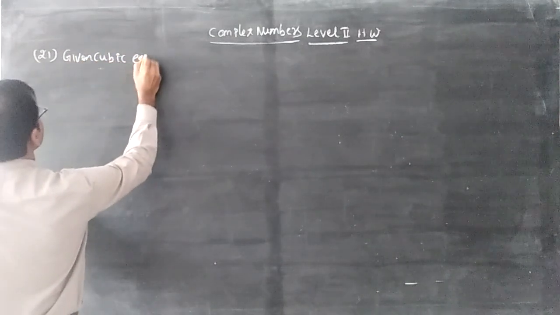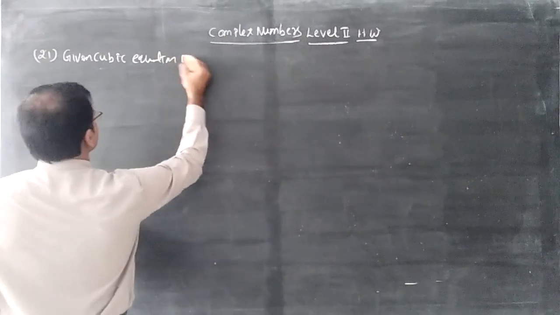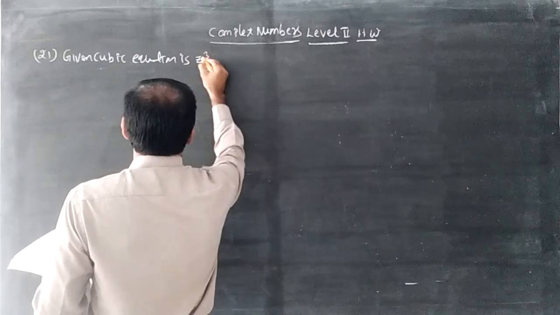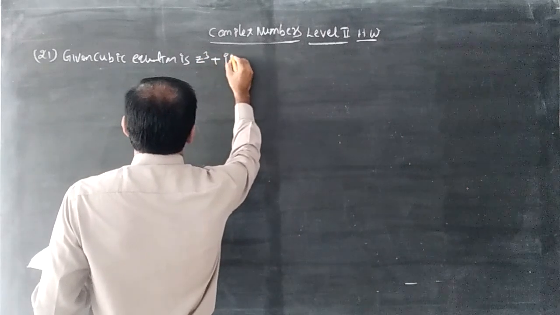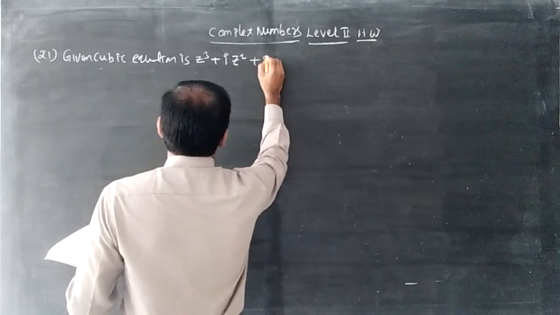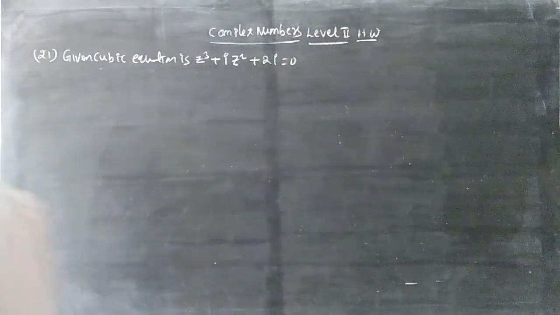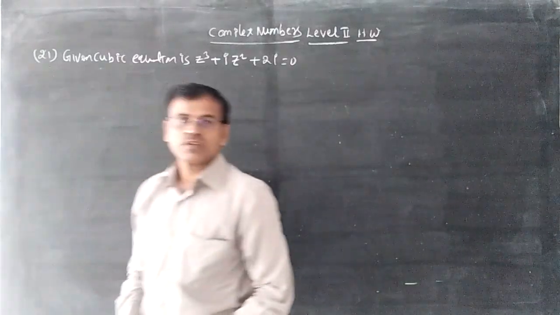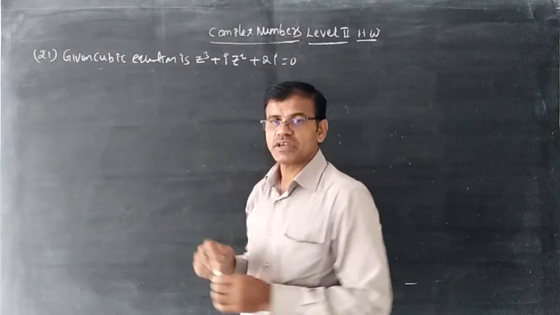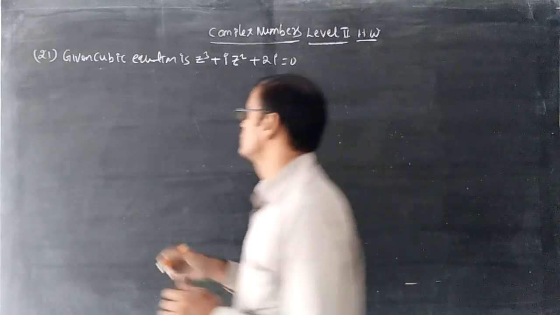Given cubic equation is z cube plus i z square plus 2i equal to 0. Whatever the roots are, they are the vertices of triangle ABC. You should calculate the area of the triangle ABC.